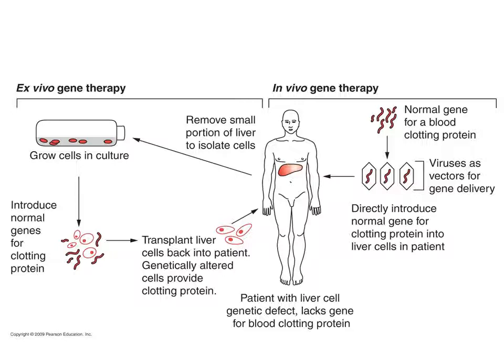This is in contrast to the in vivo approach, in which you would develop a vehicle that contains the wild type gene, the functional gene of interest, and you'd use that vehicle, in this case a virus, to directly infect the cells, and for this patient specifically into the liver.